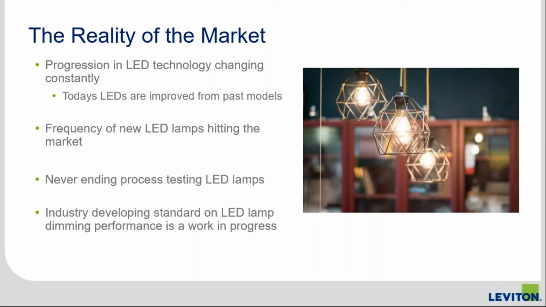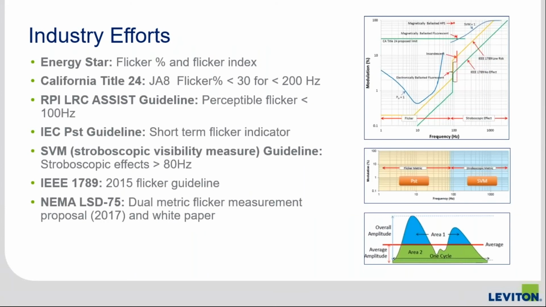And the industry has taken a look and has come up with a few standards to try to measure flicker and even put limits on flicker. There are many measurements. Energy Star uses flicker percentage and flicker index.